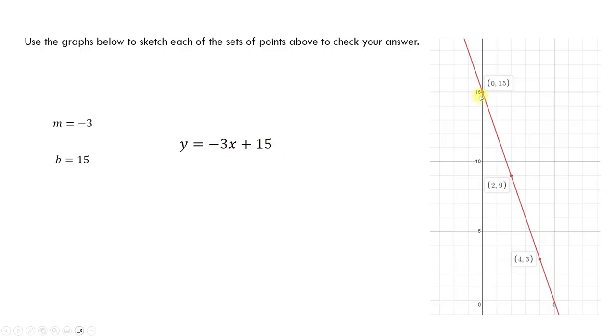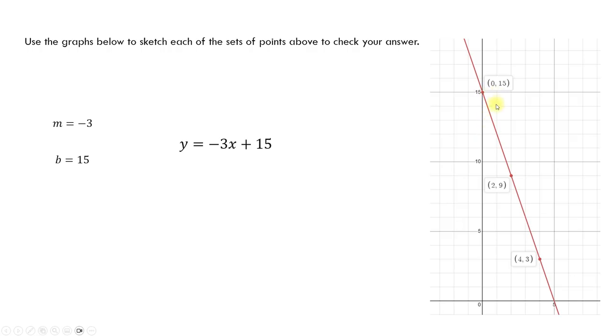You can see that our y-intercept is 15 and that for every 1 unit we head over to the right, given the scale we have here, we go down 3 units.